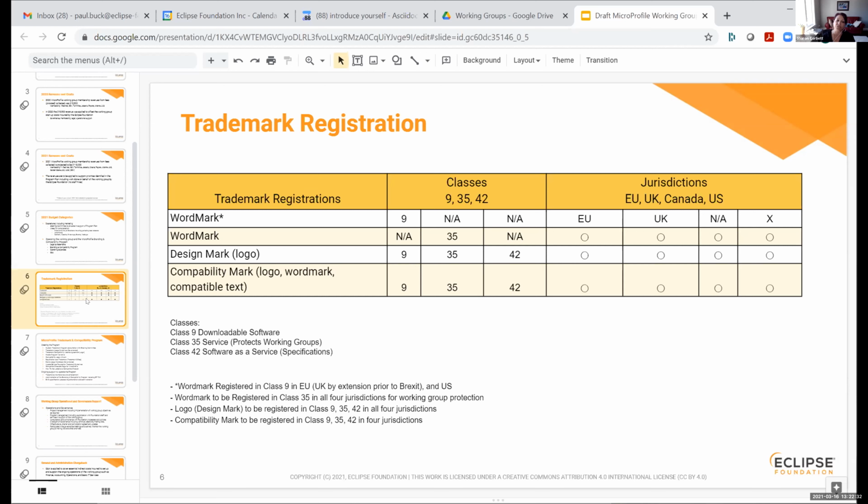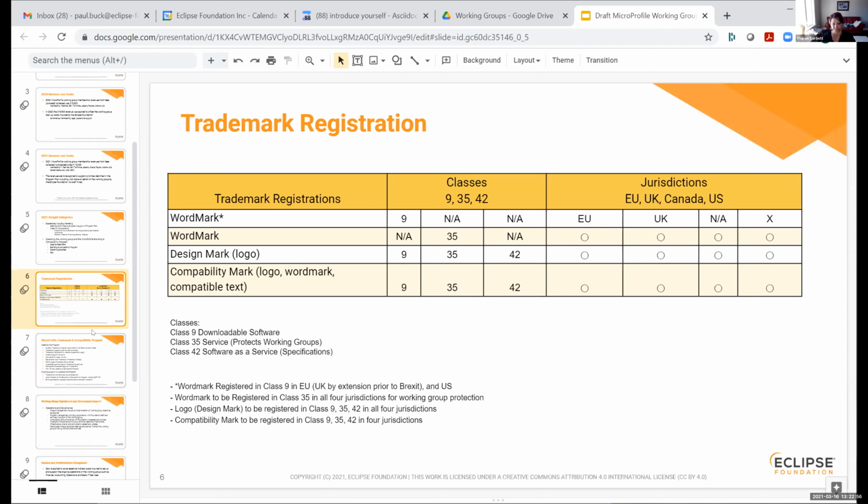If there is any request outside of this from a working group that is not what you see here in terms of classes and jurisdictions, that would require extra funding from the working group itself, from its budget, and that would be subject to the Eclipse Foundation's discretionary approval, because of course, the more of these we have to protect, the higher the cost goes with that effort.